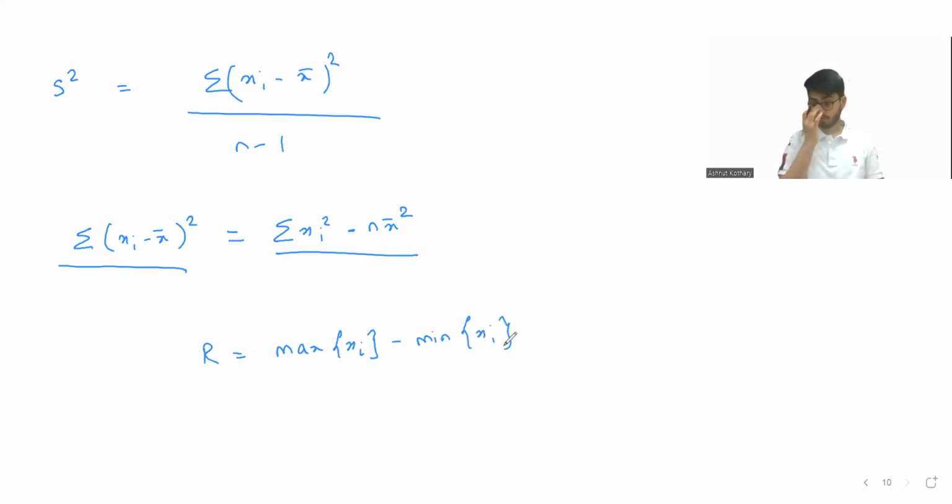Just a mathematical way of writing it. Range is nothing but the maximum of the set of values which xi has taken minus the minimum value. Simply the highest value minus the lowest value in a particular data set.